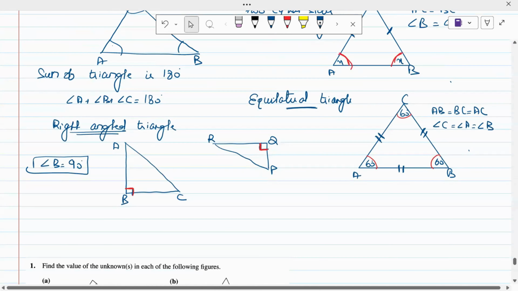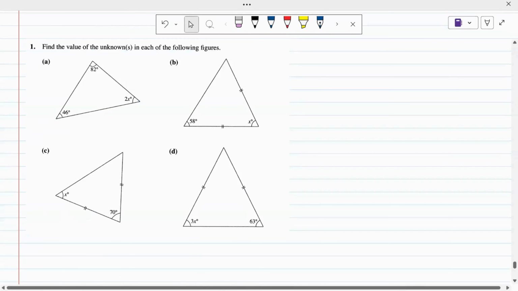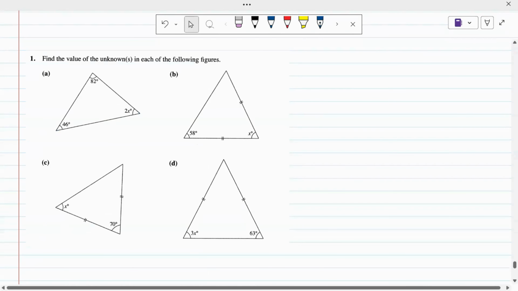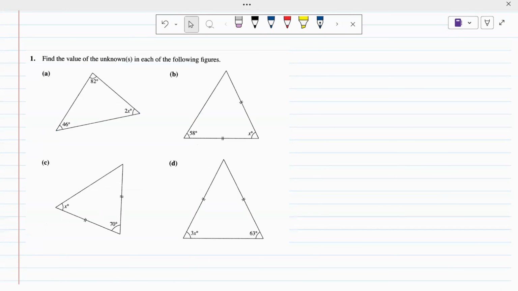Okay, we'll use all these properties here to solve a few questions. In this question, we have to find the value of x in each of the following figures. Let's solve part A. In part A, we can easily make the equation: we have three angles given, 2x, 82 and 46.